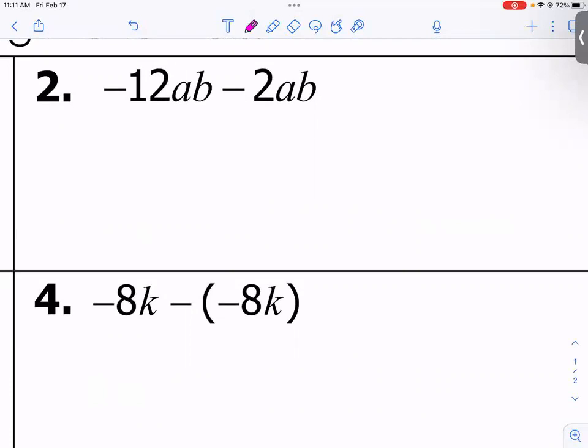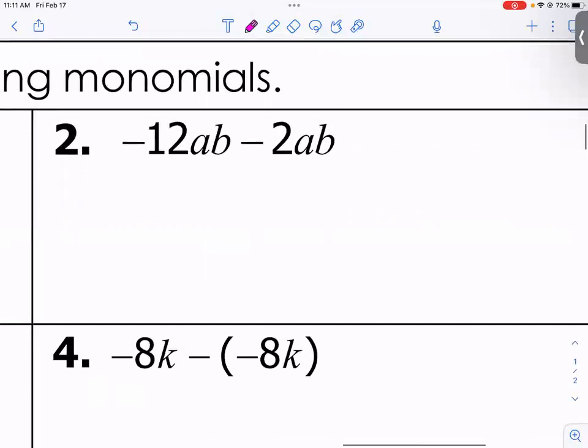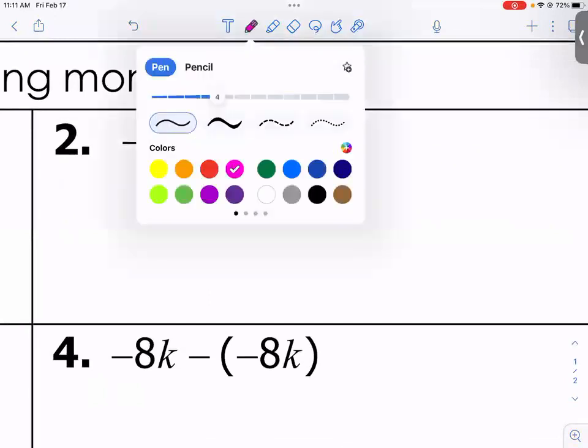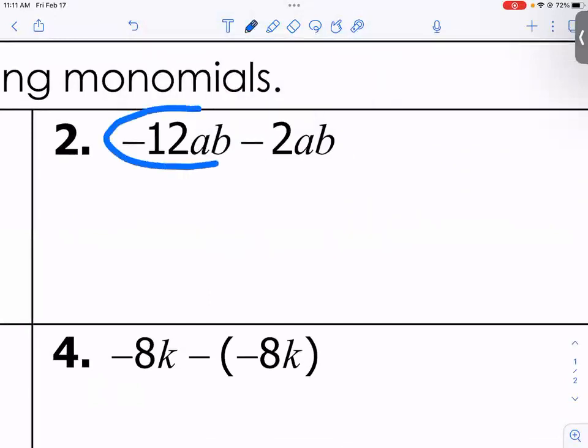Okay. So I have -12ab minus 2ab. Those are like terms because they both have ab. All right.